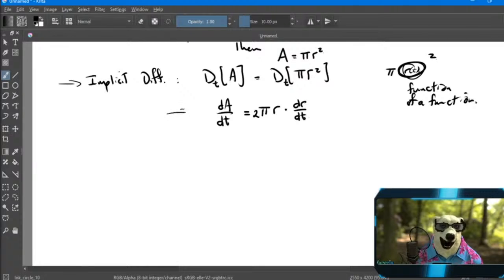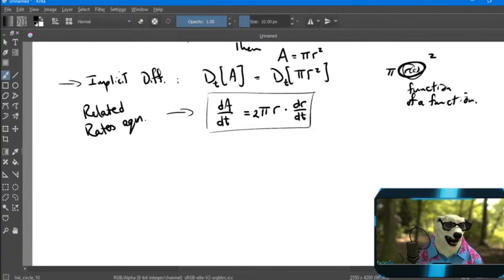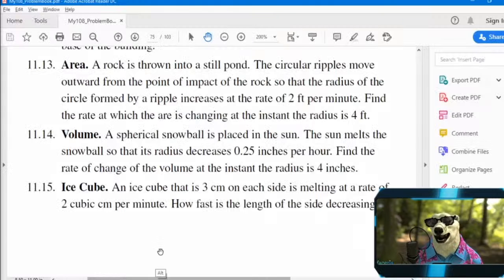So here we have what we call the related rates equation, because I have an equation now that relates the rates of change of these mystery functions of time. And that is ultimately what we need to work with based on the information that the question gives me.